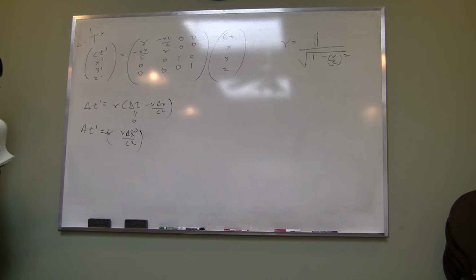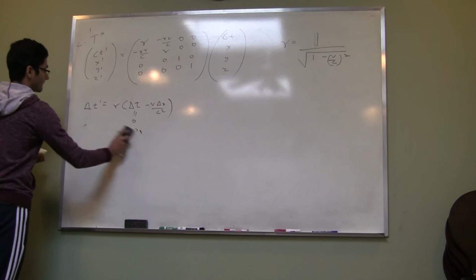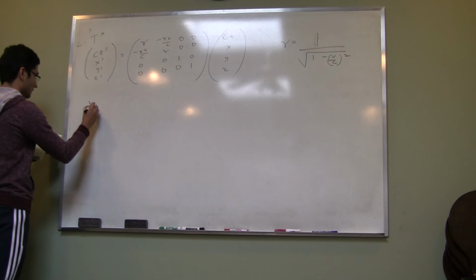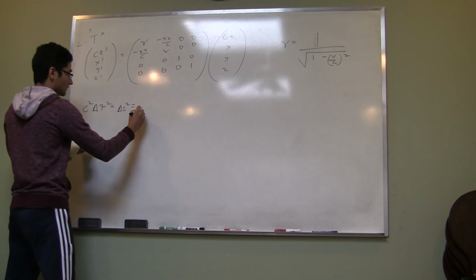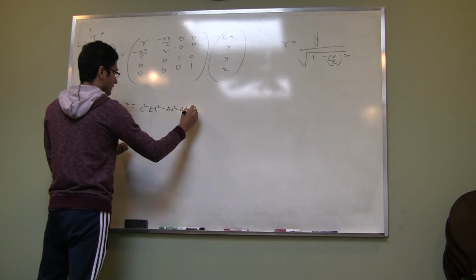Invariance of time interval, you know that. Invariance of proper time, it's the same thing. So this applies for everything: c square delta tau square, which is proper time, equals delta s square, equal to c square delta t square, which we already wrote, minus delta x square minus delta y square minus delta z square.